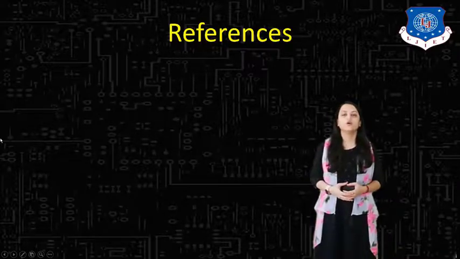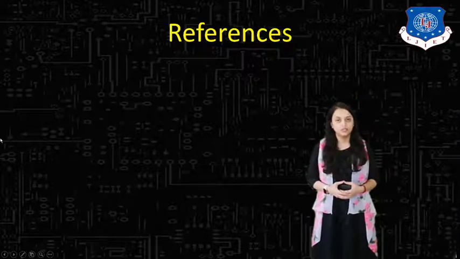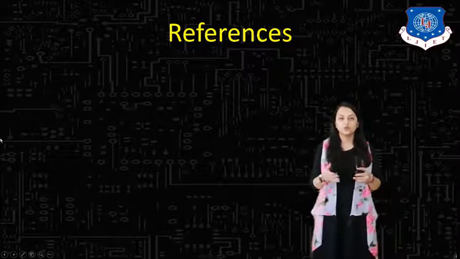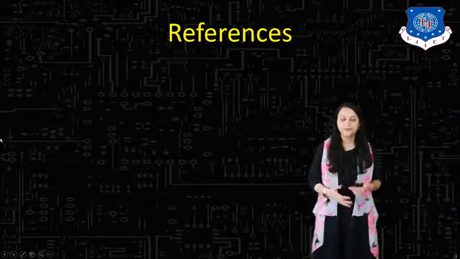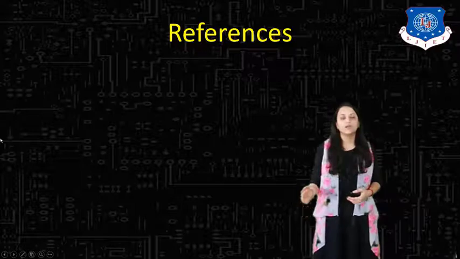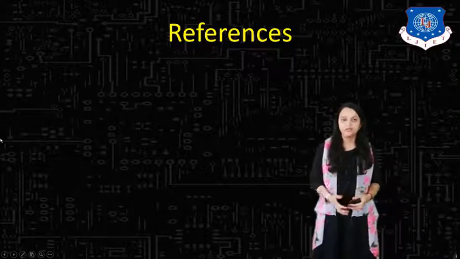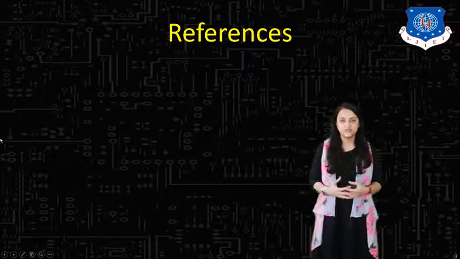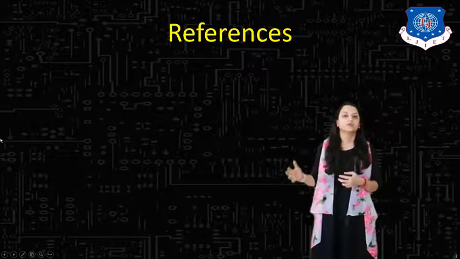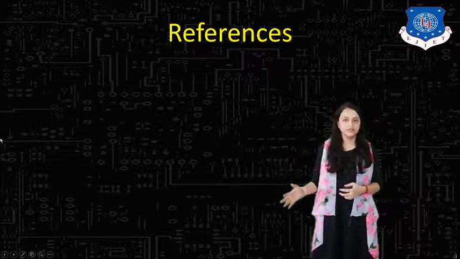So this was all for second order VCVS filters, that means voltage controlled voltage source filters. We have seen the second order high pass filter and the second order low pass filter. If a second order high pass VCVS filter is to be designed, the resistances are not to be connected directly with the source.